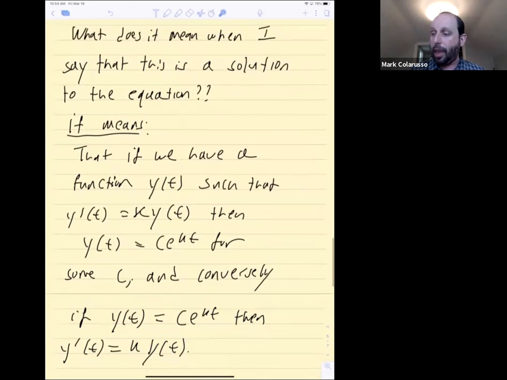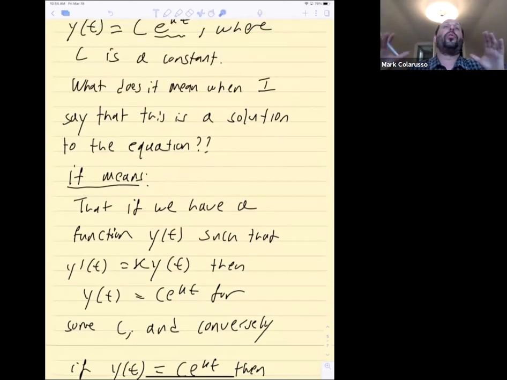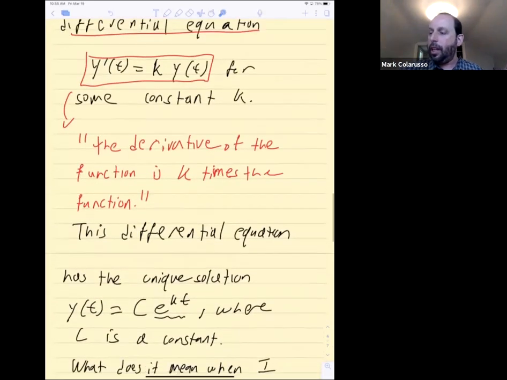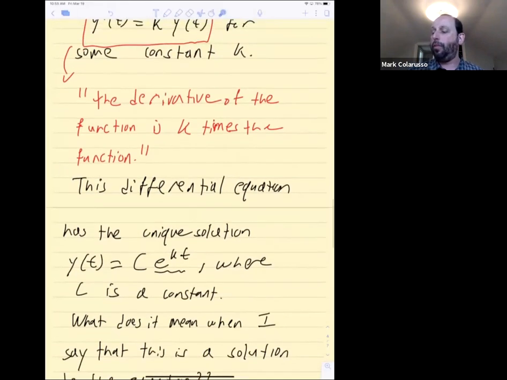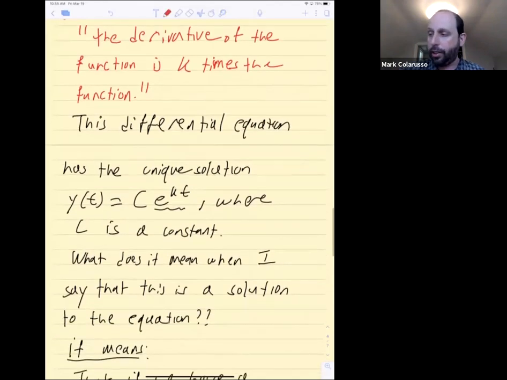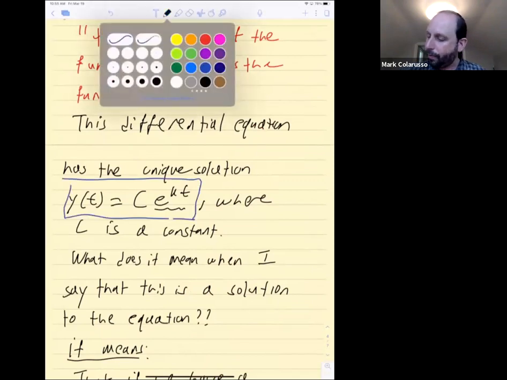So that is the unique solution, up to this ambiguity with capital C which we'll discuss in a moment, to this differential equation. And because this differential equation occurs in so many places in nature, this is why the exponential is so important for us in math and sciences and finance and all kinds of stuff. So let me give this its own little box.